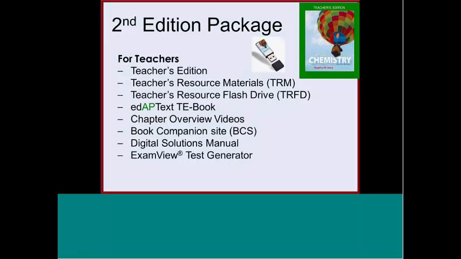Those can be purchased standalone, or they can be packaged with the text. If you order the AdaptText ebook, then you would get the AdaptText Teacher's Edition ebook with that package, and that includes the Teacher's Edition with all of the resources right at point of use, being clickable. But we also have the Teacher's Edition in a print form as well.